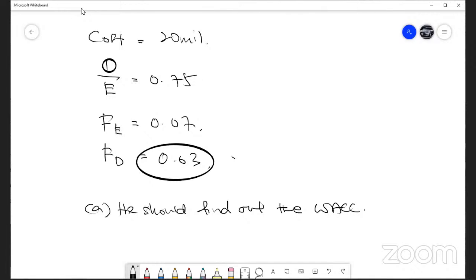The WACC of flotation cost, the weighted average flotation cost. What is your company's weighted average flotation cost, assuming all equity is raised externally?